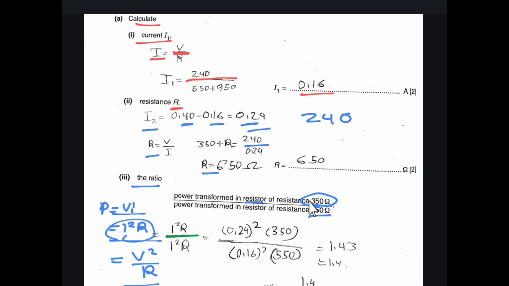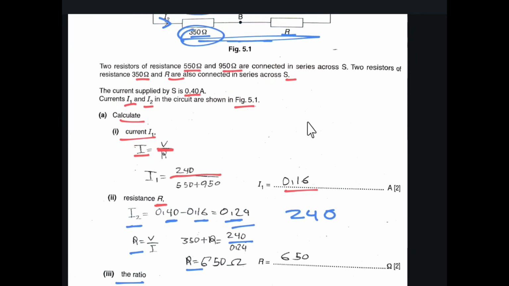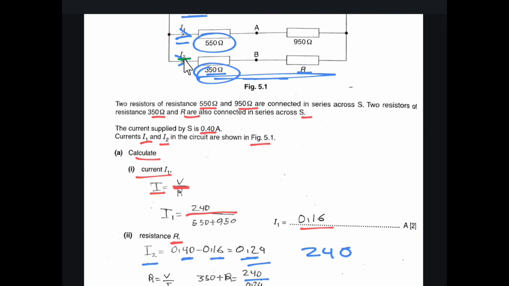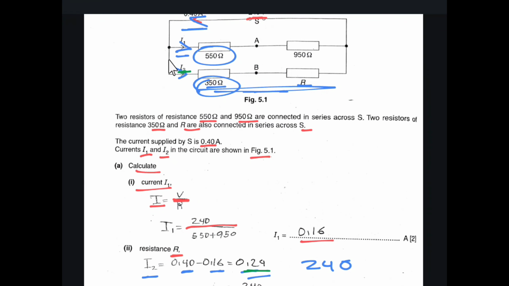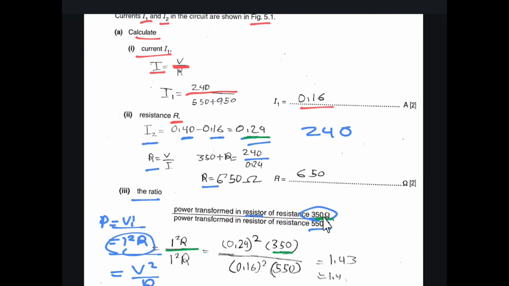So for the 350 ohm resistor, we know the resistance is 350, and the current I2 is 0.24, and we have to remember that this circuit is a series, that is the current at this resistor is the same as the current at this resistor. So the power at the 350 ohm resistor would be 0.24 square into its resistance.